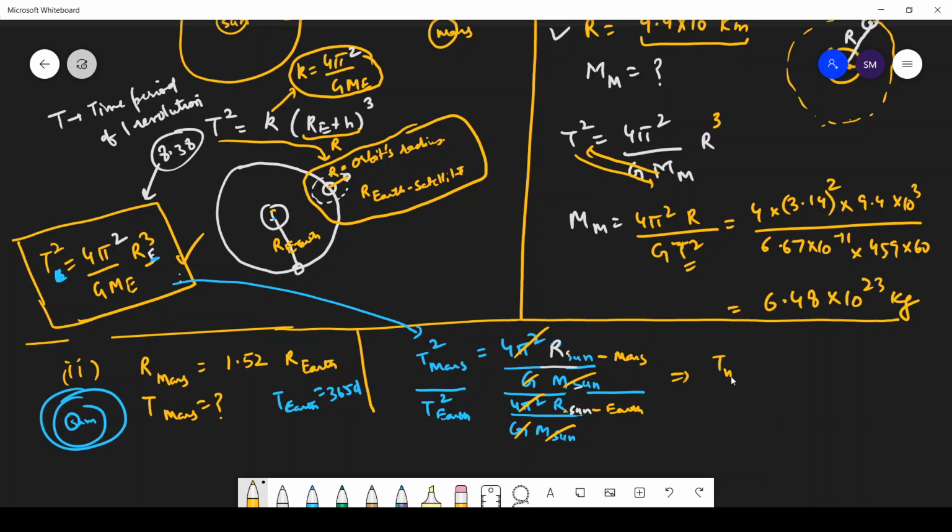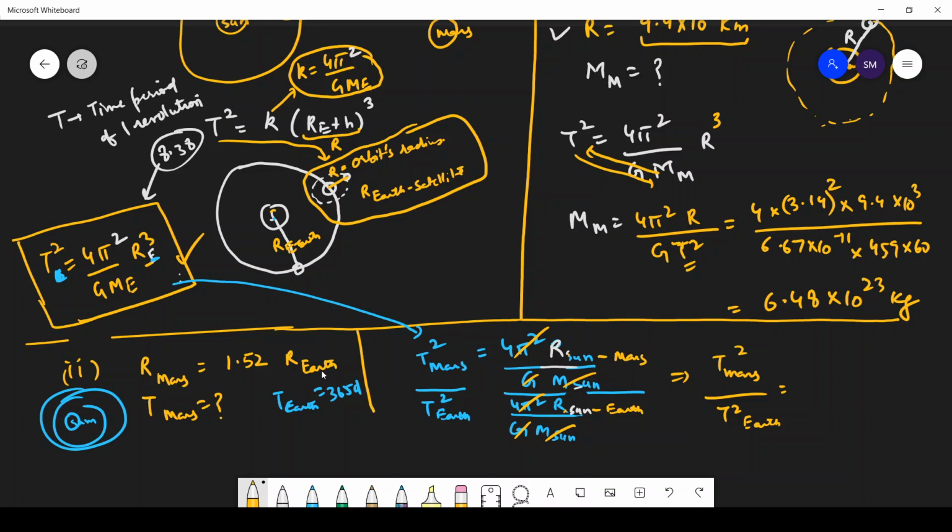T square of Mars divided by T square for the Earth is equal to, now this sun Mars, the radius of the orbit of Mars is 1.52 times the radius of the Earth.